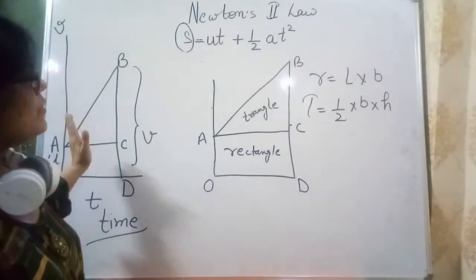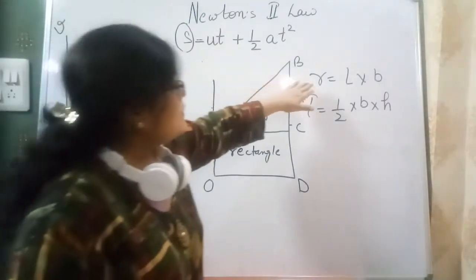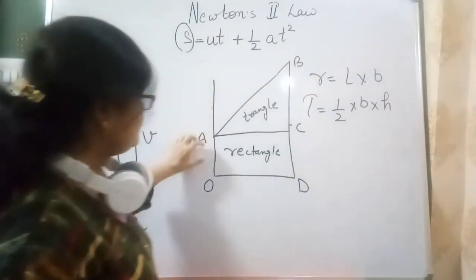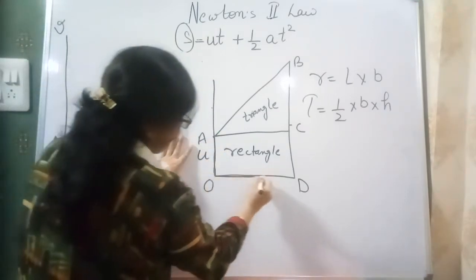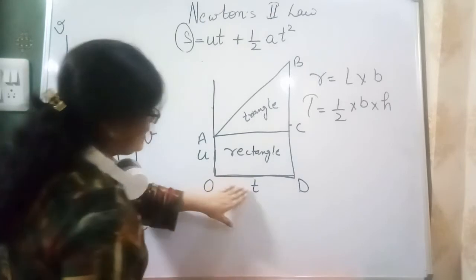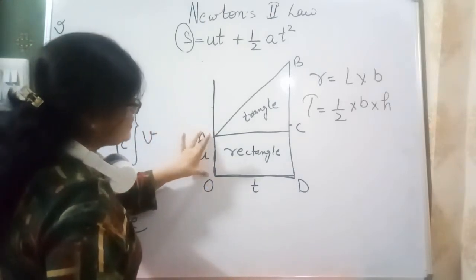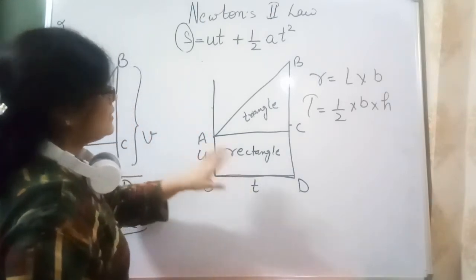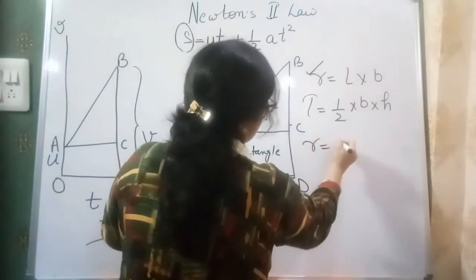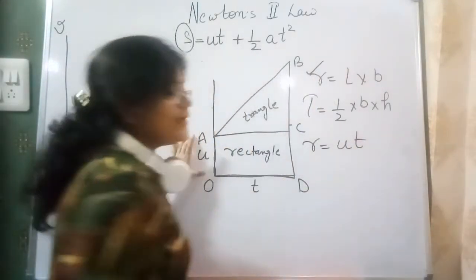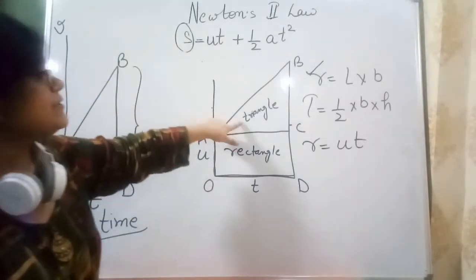Clear? Now come to the picture. Firstly, area of rectangle. We know this is U, and this is T. That means length is U, breadth is T. That means area of rectangle is what? U into T. Clear? Now see the triangle.